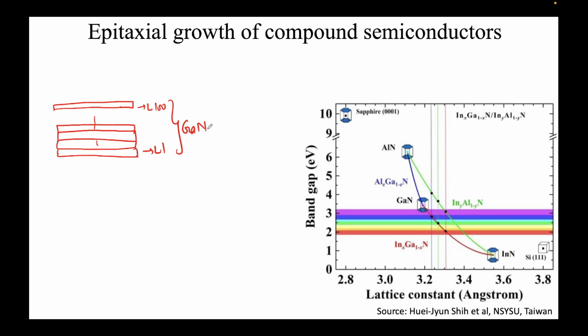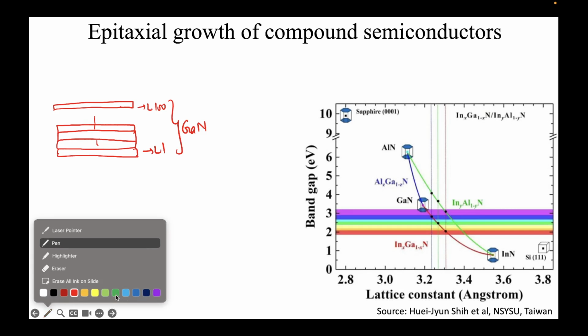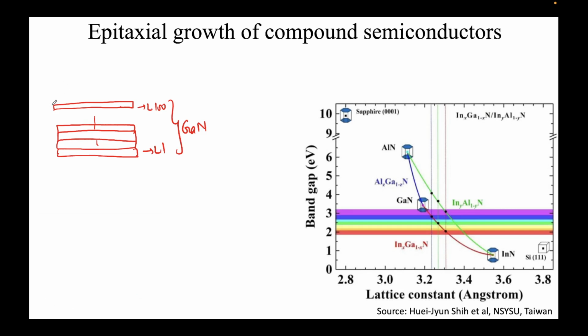On top of it, since aluminum gallium nitride is of the same family, you can grow it. So let's try to grow it, denoting in blue color here. You will have layer 1 of it, and let's say I'm growing only 10 layers of this. Why 10 layers?